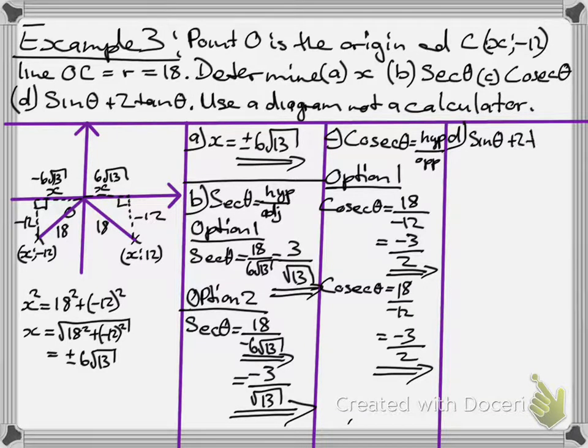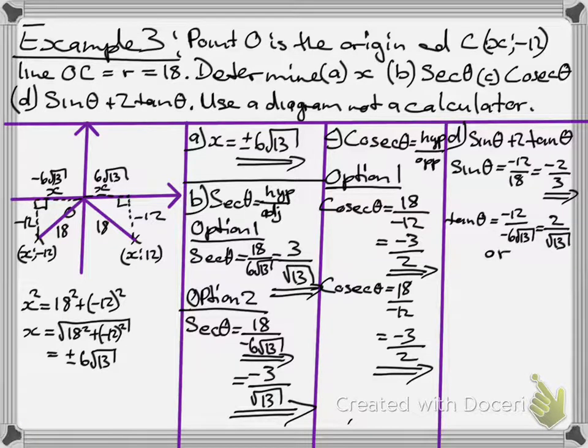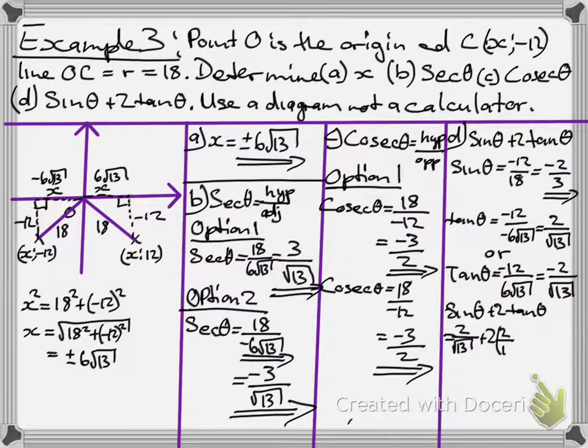And then for sine theta plus 2 tan theta, we are going to have two values, right, in this case, because in both cases we've got different values of sine and cos and tan. So in the third quadrant, you see that our sine is negative and tan is positive.